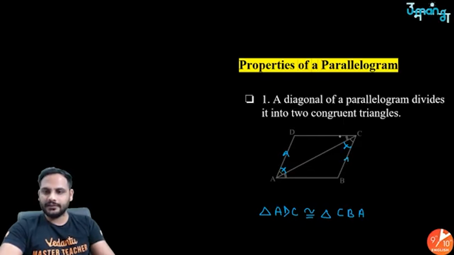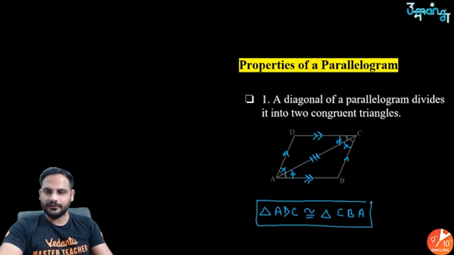Then this angle is equal to this angle because AB is parallel to CD. Both pairs of opposite sides are parallel, and AC is the common side. So with this I can clearly say that both the triangles are congruent. This is the first property.